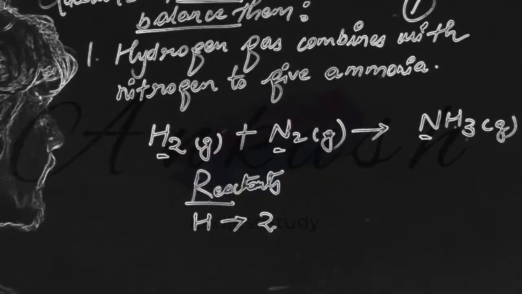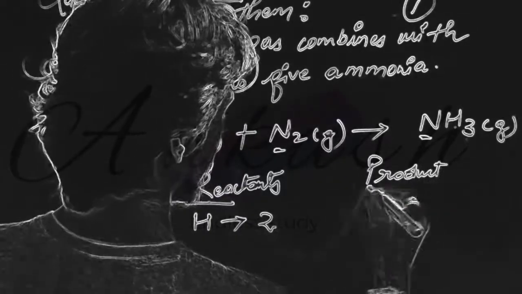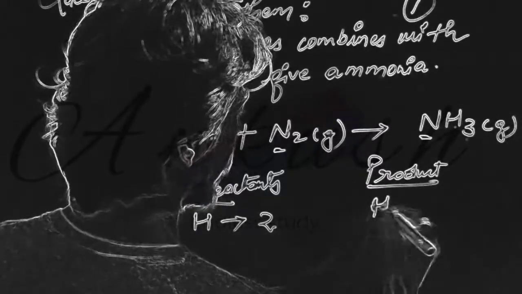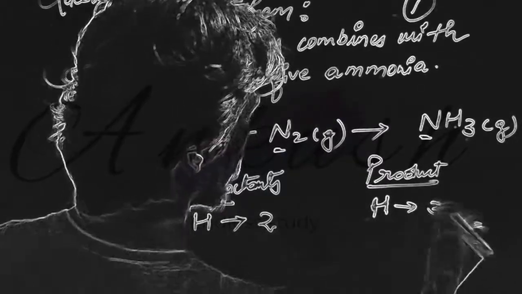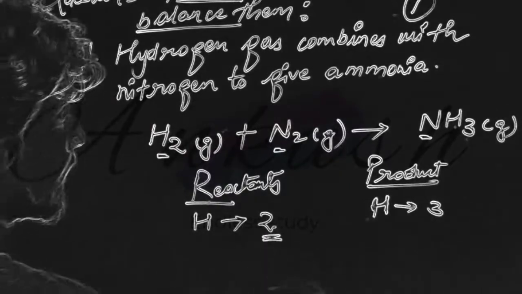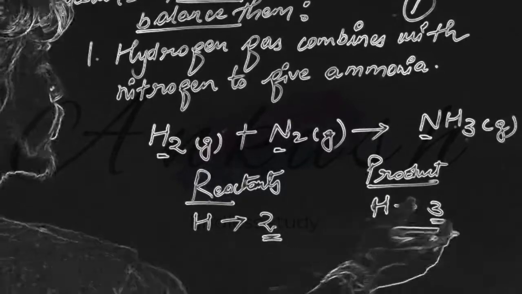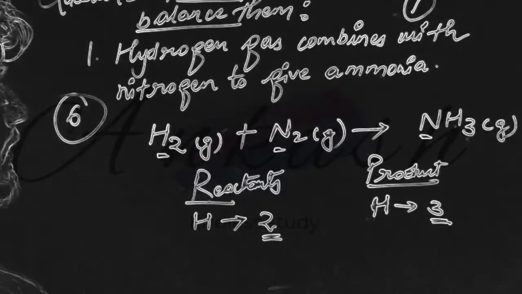There are 2 atoms of hydrogen. And in the product, the number of hydrogen atoms is 3. So when the condition comes like this, one number is even and the other number is odd, you take the LCM. The LCM of 2 and 3 will be 6.